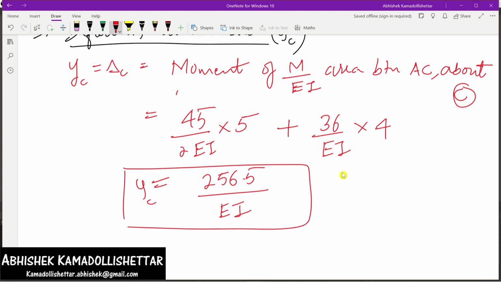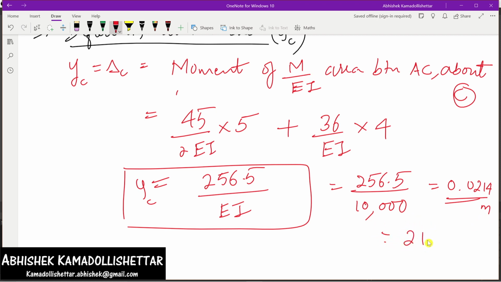Now substitute the value of EI: 256.5 divided by 12,000. So what's the value here? It is 0.0214 meters, or even I can say it as 21.4 millimeters.